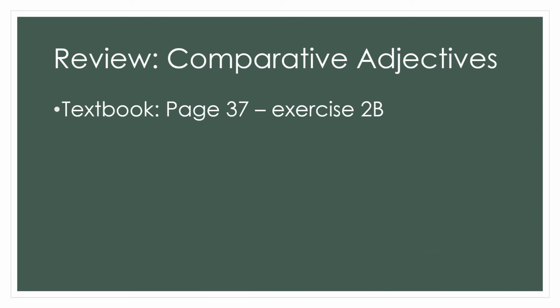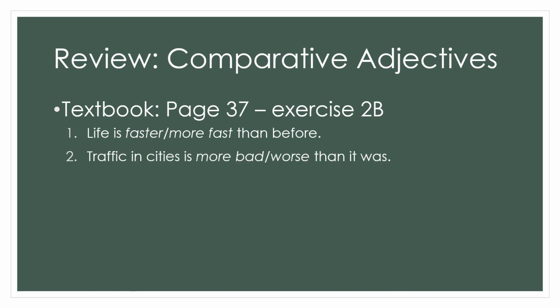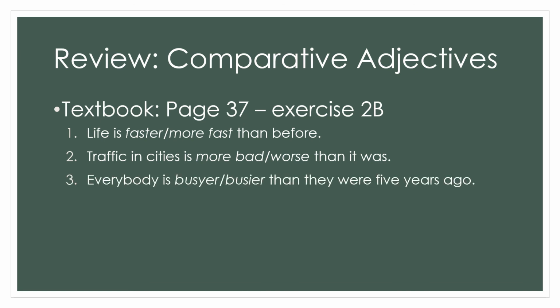Now that we have learned about comparative adjectives, let's practice. Go to page 37 in your textbook, exercise 2B. There are 5 sentences I would like you to look at. 1. Life is faster or more fast than before. 2. Traffic in cities is more bad or worse than it was. 3.